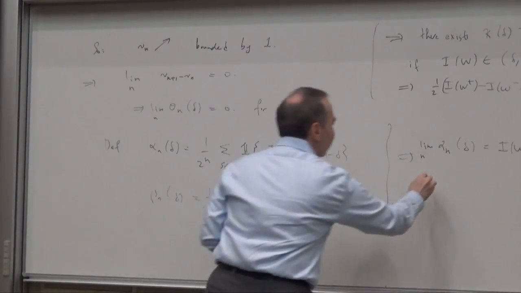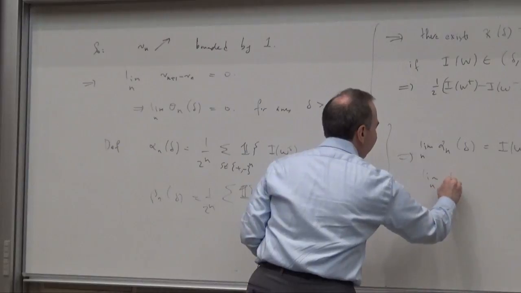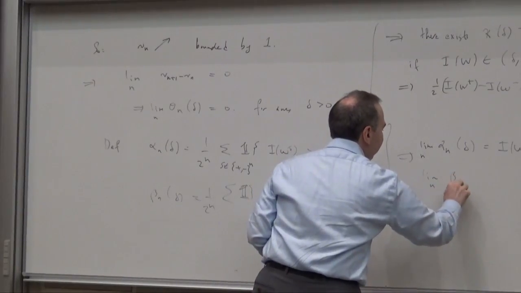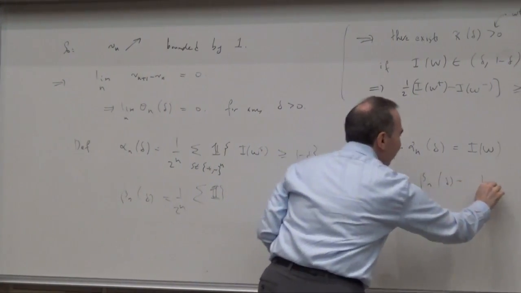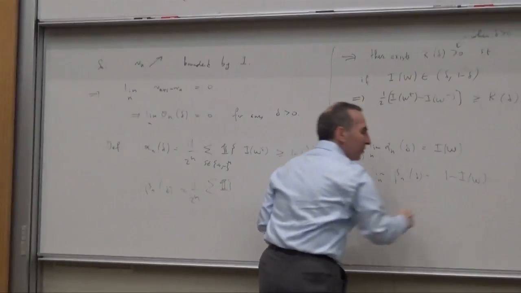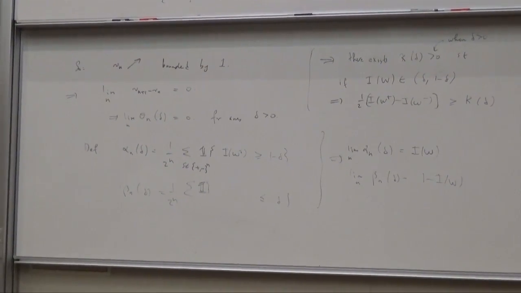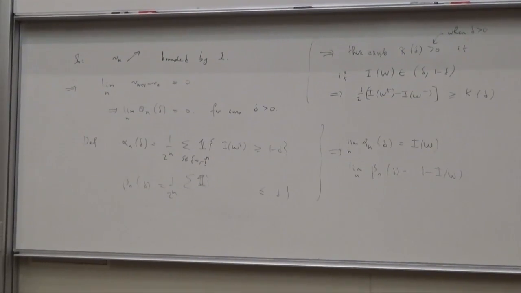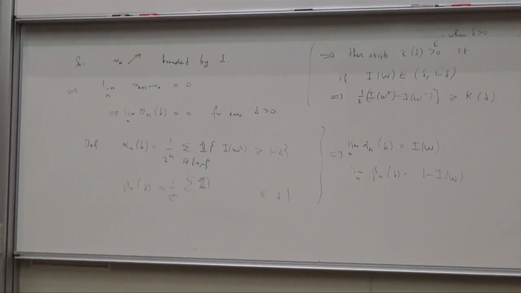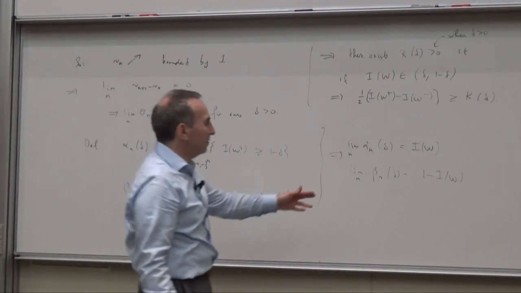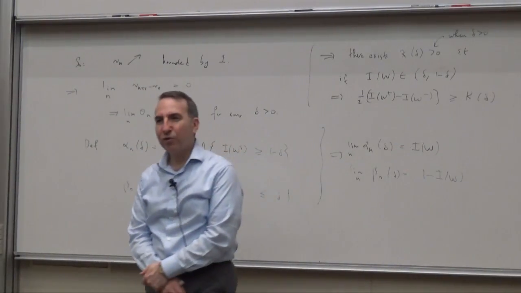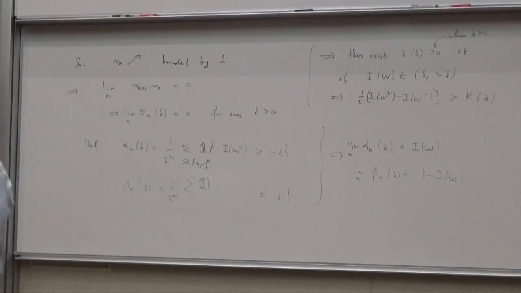And the limit of the fraction of bad channels must be the remaining fraction. So there's the good, bad, and the ugly, okay, the good, bad, and mediocre. The mediocre disappear. Nobody is left of the ugly channels. I(W) fraction of the channels that we create are good. Remaining ones are bad.